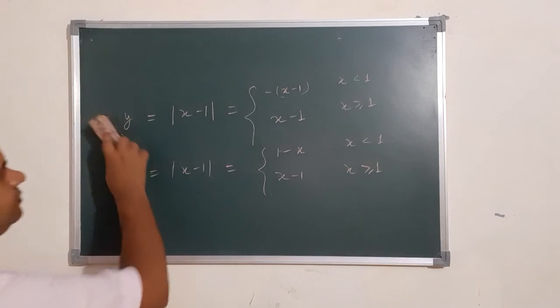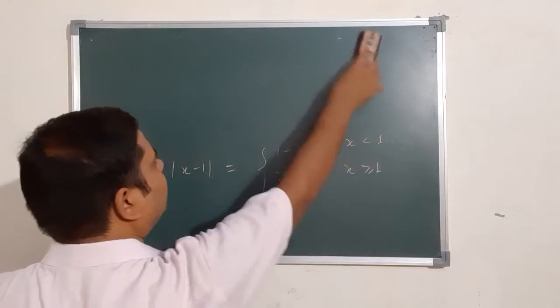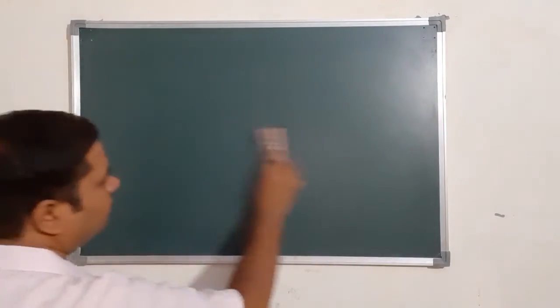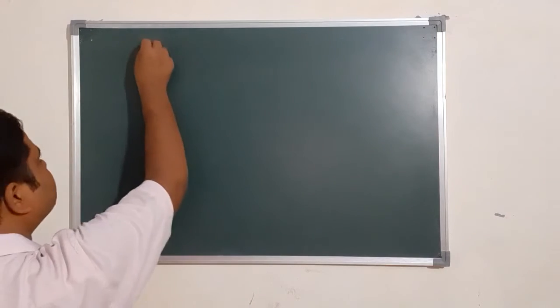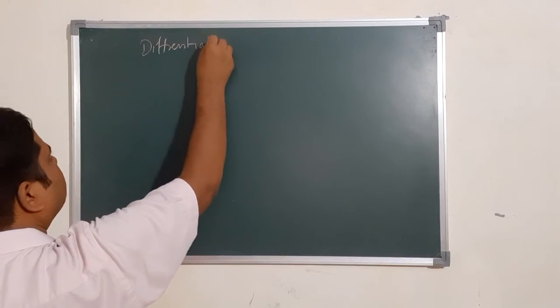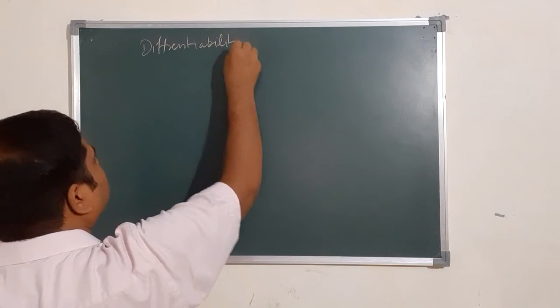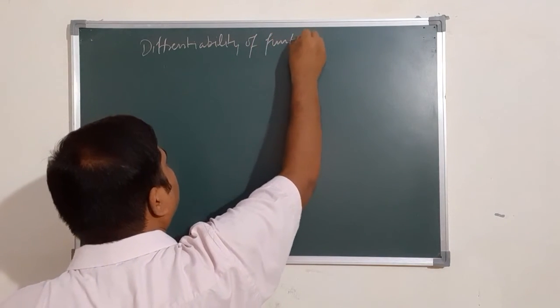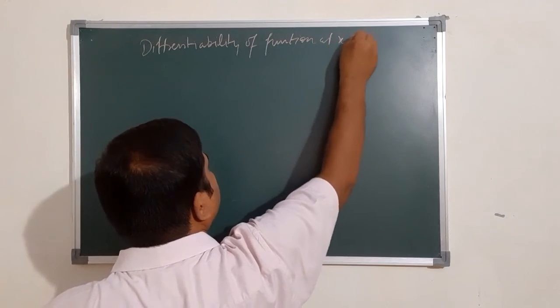Okay, see, left-handed derivative, you know the definition of left-handed derivative. So we check the differentiability of the given function at x is equal to 1.